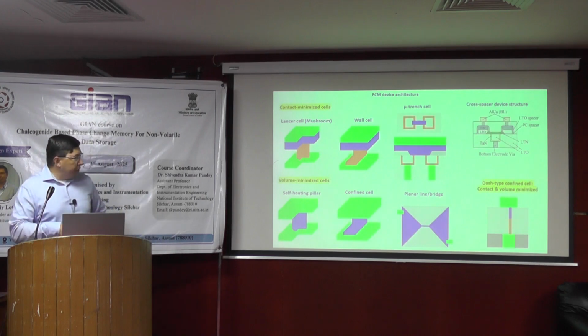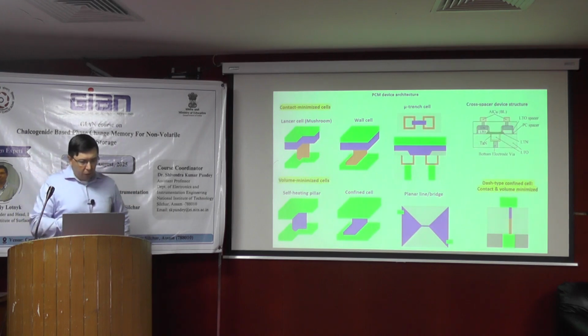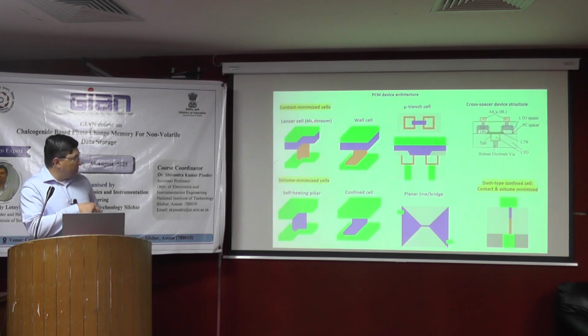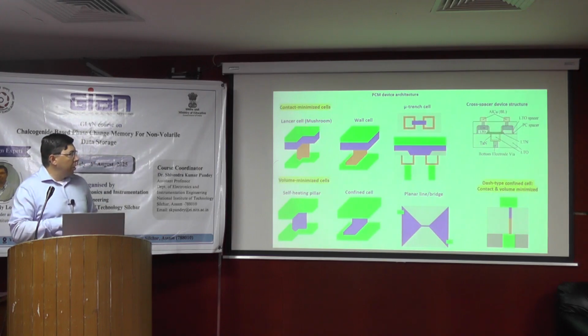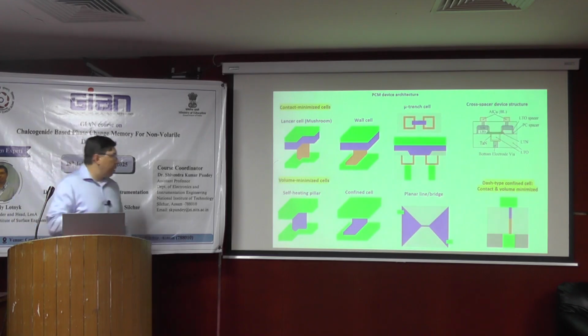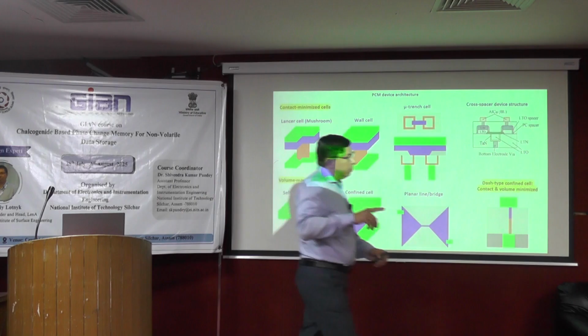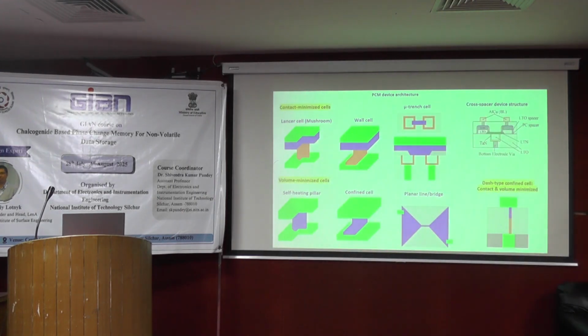As I said, you will find in the literature different types of cells. One we considered already, the so-called lance cell or mushroom cell. Mushroom because of the shape of the switched volume in the cell, which we can try to show you here.